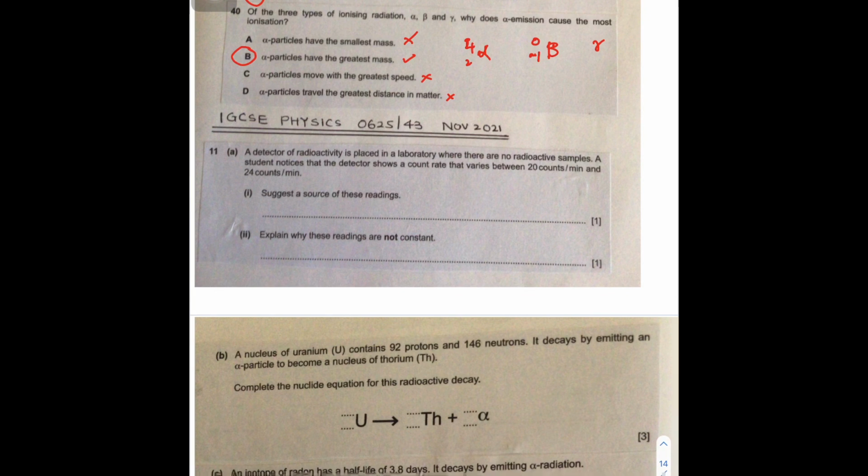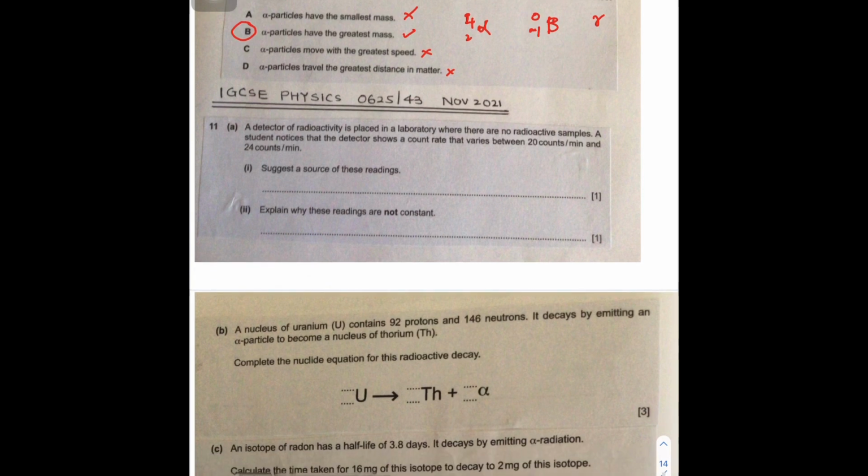Alright, IGCSE Physics 0625, paper 43, November 2021. A detector of radioactivity is placed in a laboratory where there are no radioactive samples. A student notices that the detector shows the count rate that varies between 20 and 24. Suggest a source of this reading. Okay, there is no source, but there is background radiation.